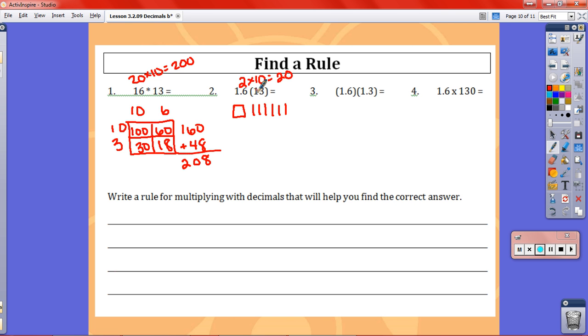I'm going to need 10 of those plus 3 of those. So 10 of those would be 10 wholes and then six wholes, a whole for each of these. So I'm going to have 16 plus 3 groups of this.